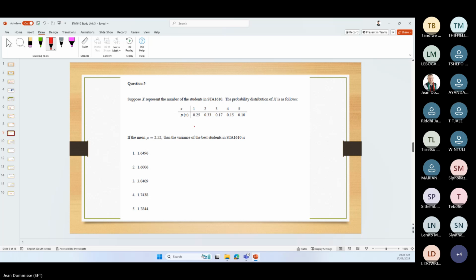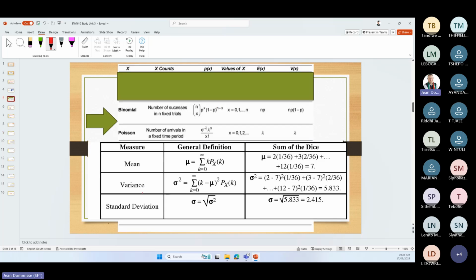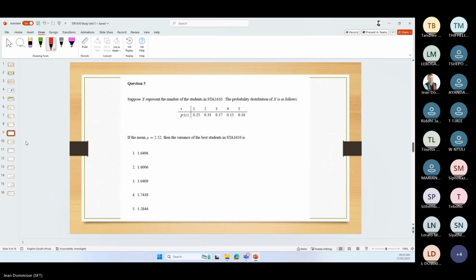So let's just write down first what the formula will be for this. And again, we've got the formula here. So you need to look at your probability. So you need to say x, which is that one, minus your mean.